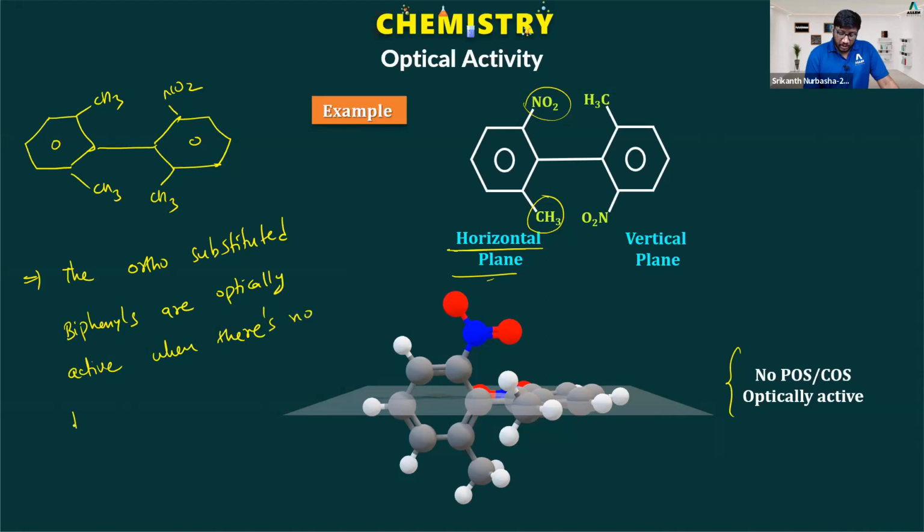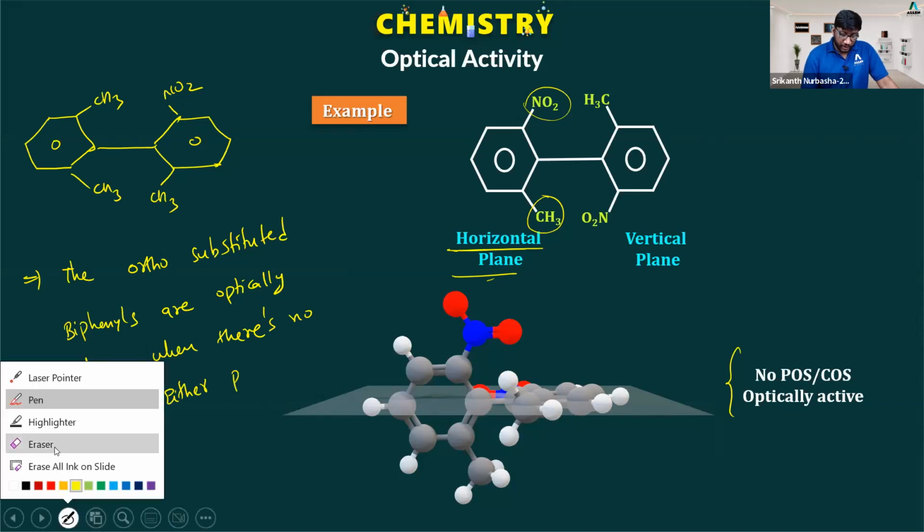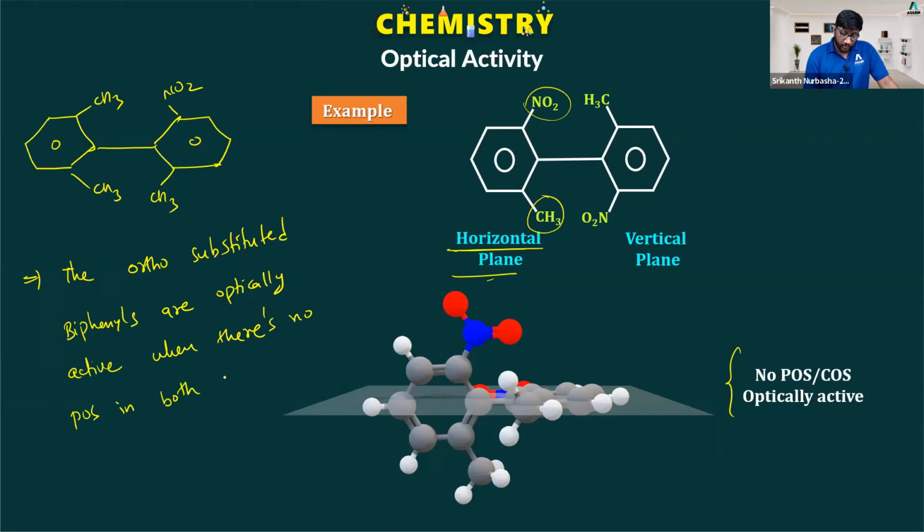There is no plane of symmetry in either phenyl ring, in both phenyl rings. If both the phenyl rings do not have a plane of symmetry, then there is a possibility of optical activity, and thus they are said to be optically active in nature.